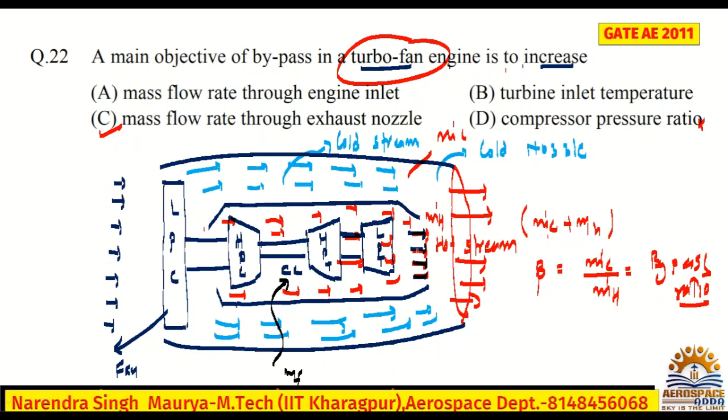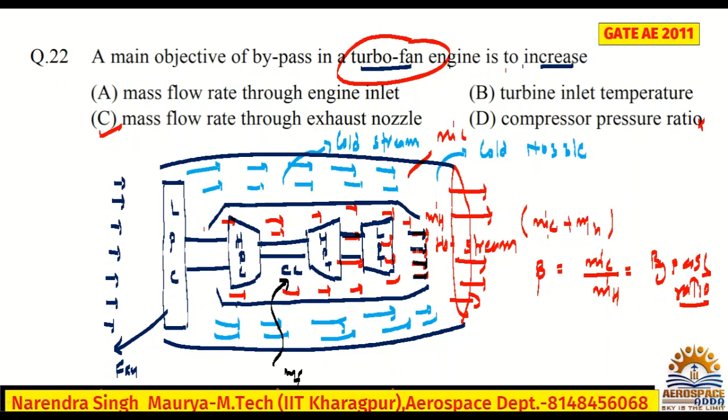For that reason we divide the stream into two parts, so that we get a cold stream also, and finally through the exhaust nozzle we get more mass flow rate. That is one reason.